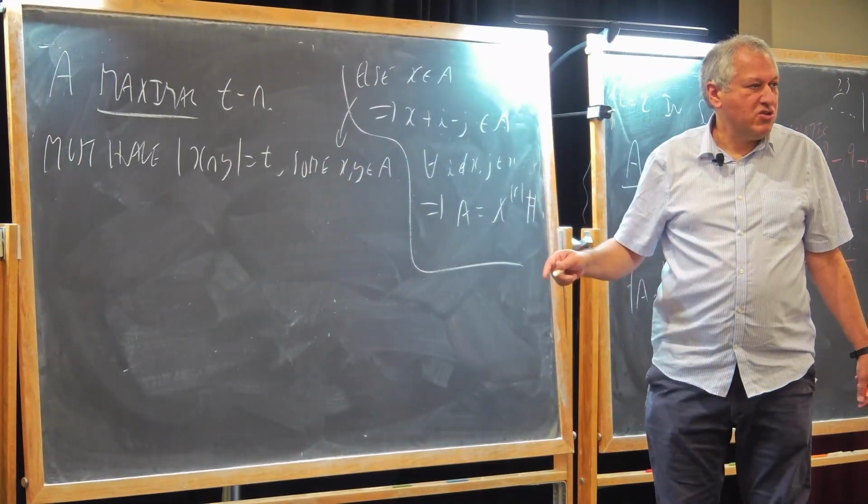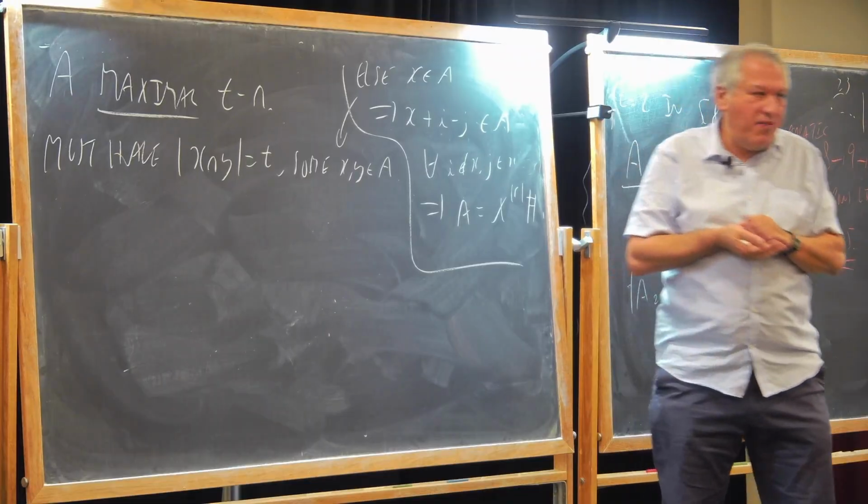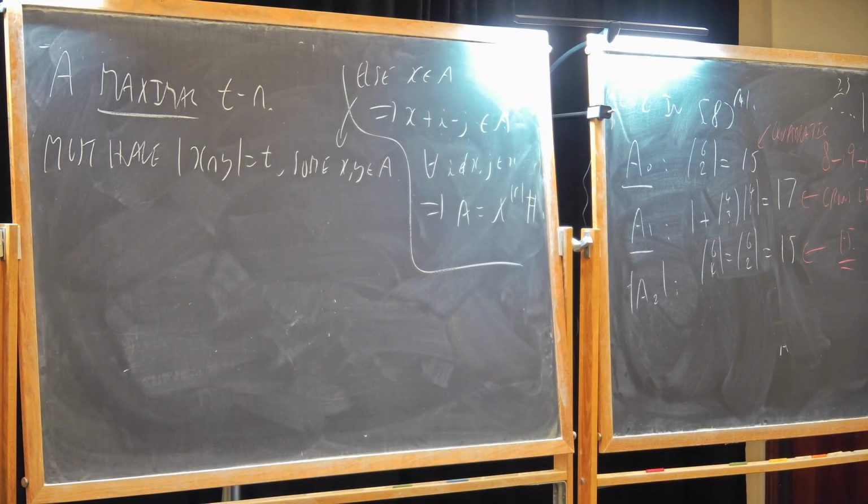Make sense? So it's not the case that in your biggest possible family, every two sets intersect in strictly more than t points.